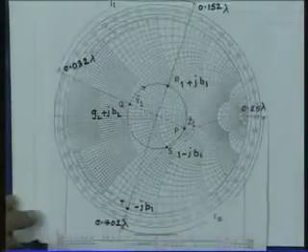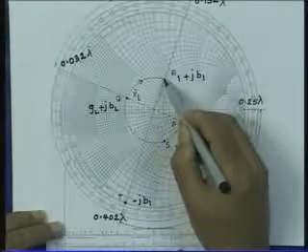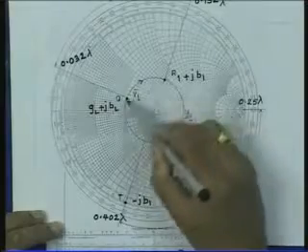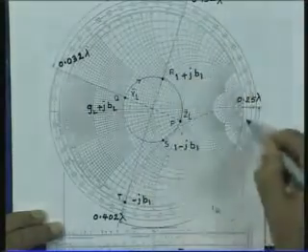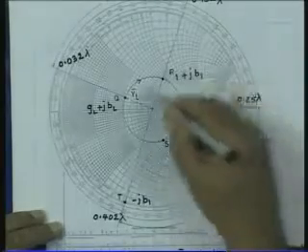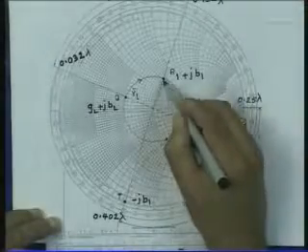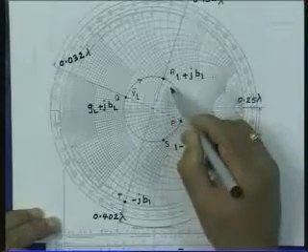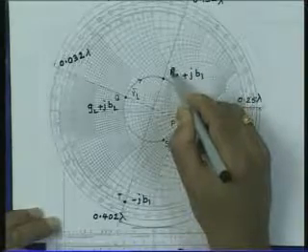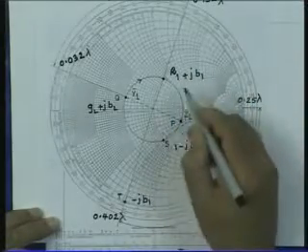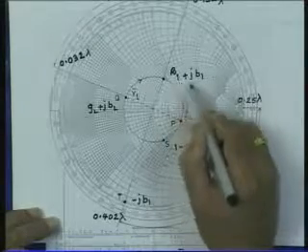So, here first we move on this constant VSWR circle up to a point where this constant VSWR circle intersects G equal to 1 circle, constant conductance G equal to 1 circle. So, this location here, this point, is R. The admittance corresponding to this point is 1 plus jB1.